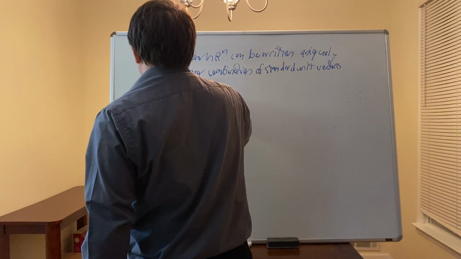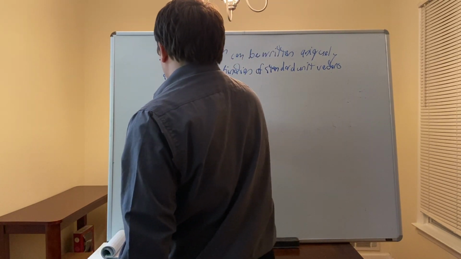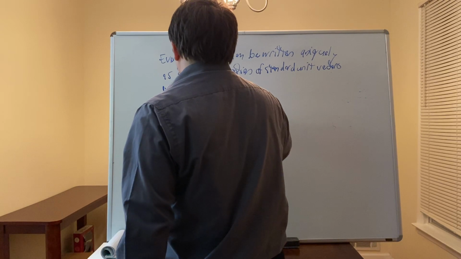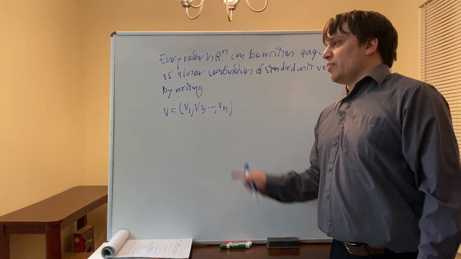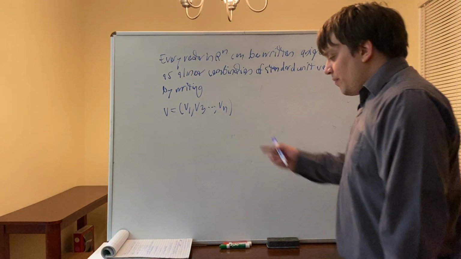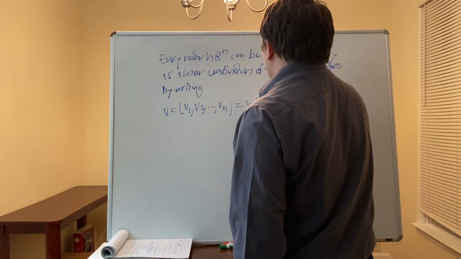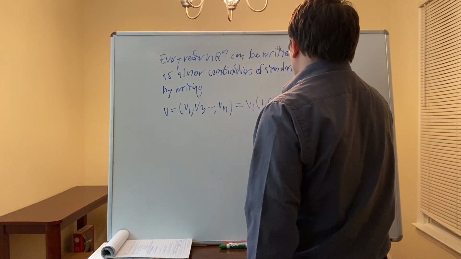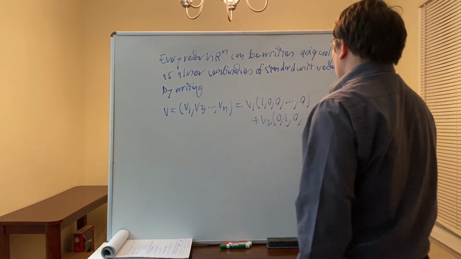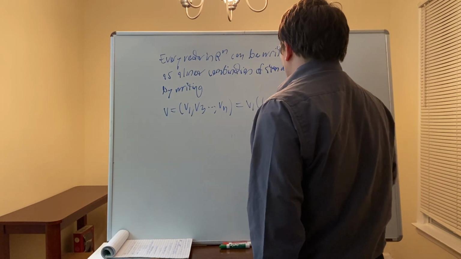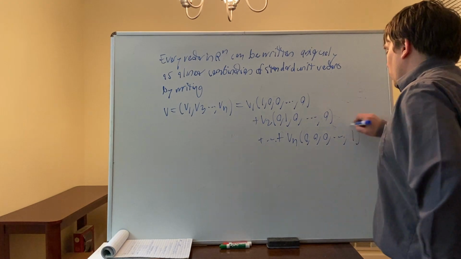Let's show this by writing it out. If you have an arbitrary vector v in n-space, where the first component is v1, the second component is v2, and the nth component is vn, you can write this as v1 times the vector 1, 0, 0, dot, dot, dot, 0, plus v2 times the vector 0, 1, 0, dot, dot, dot, 0, plus dot, dot, dot, plus vn times 0, 0, 0, 1.